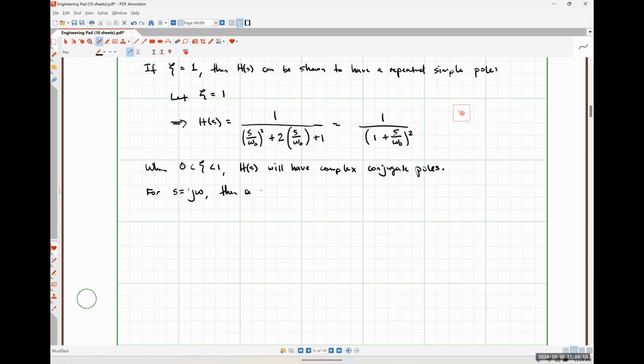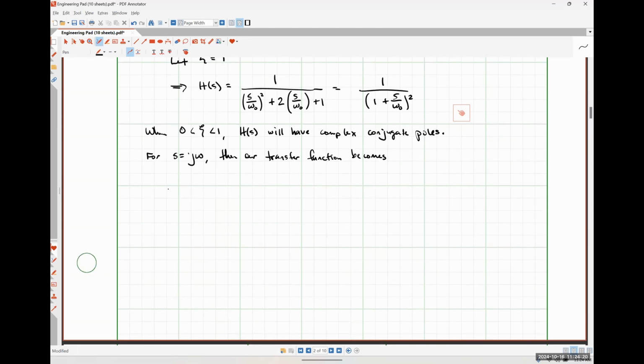Then our transfer function becomes something like this.